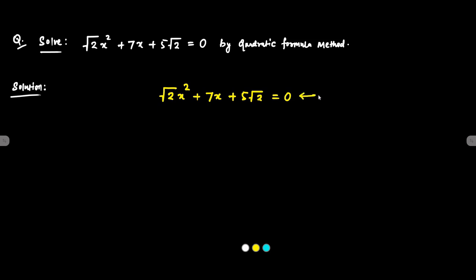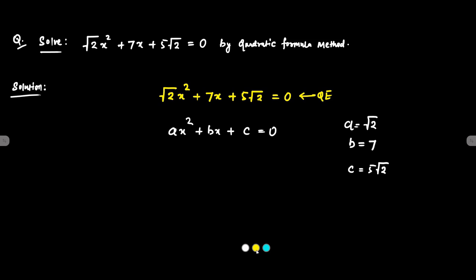This is the quadratic equation. Comparing it with the standard format, ax square plus bx plus c is equal to 0, we have a is equal to root 2, b is equal to 7, c is equal to 5 root 2.